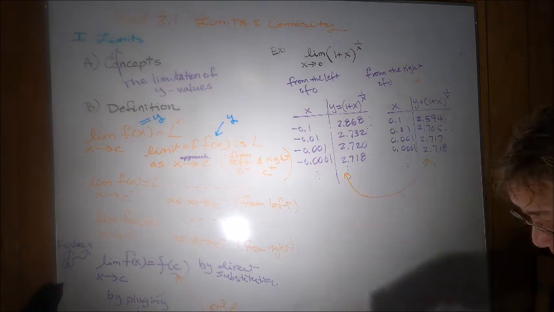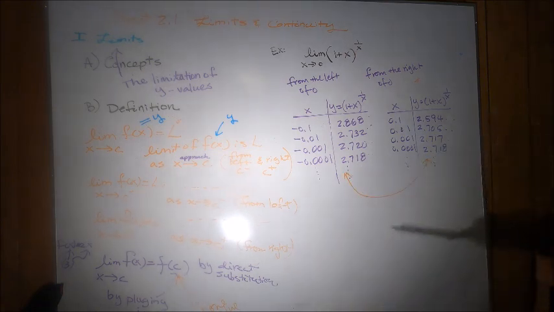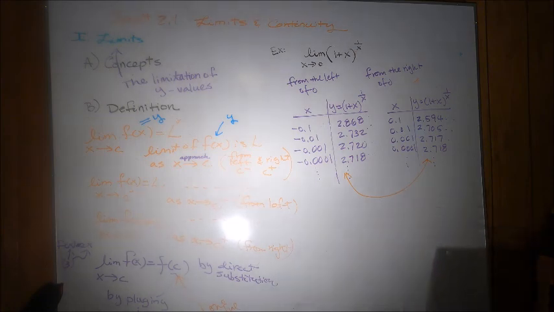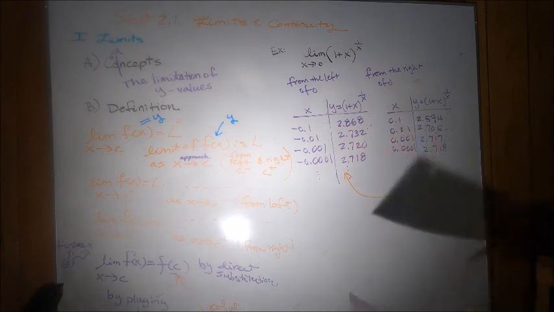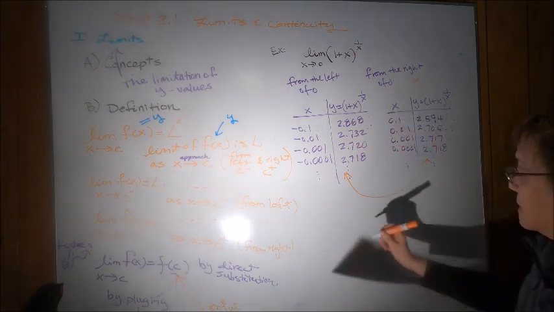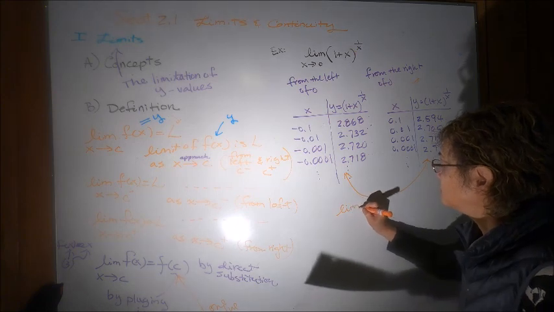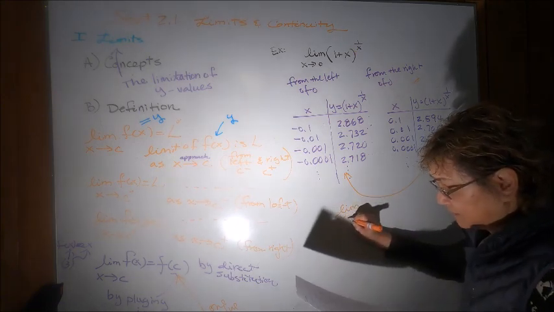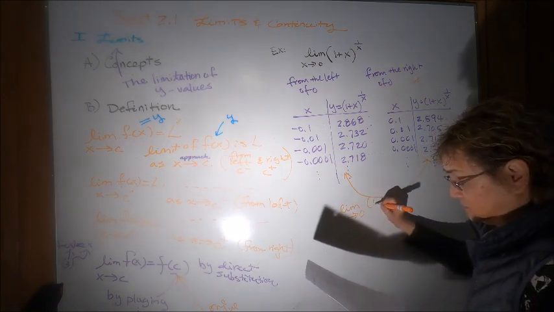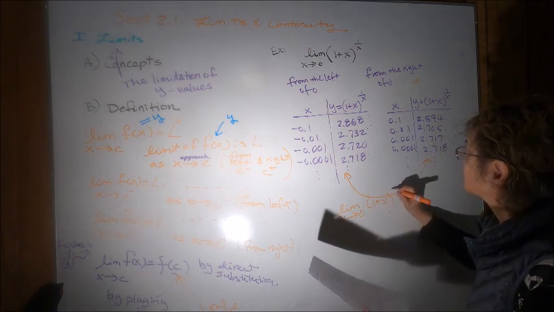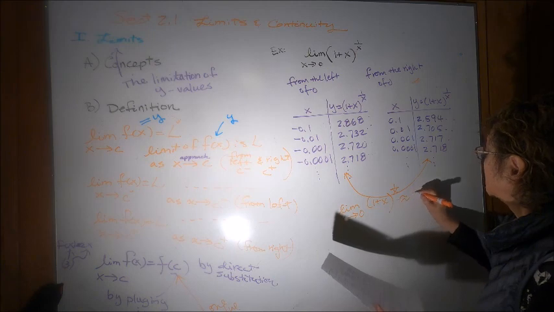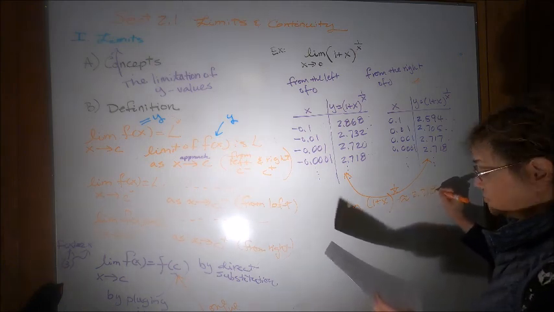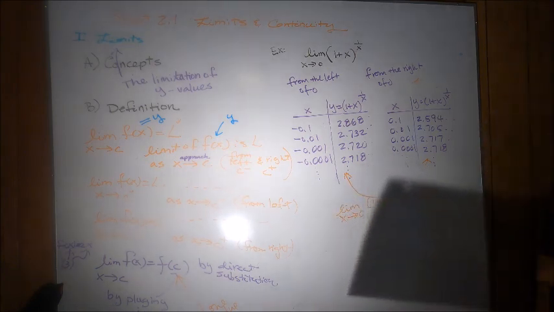What do you think? Okay, and we cannot plug in 0, so we use this approach by the table. Then you will find your limit will be close to this one.